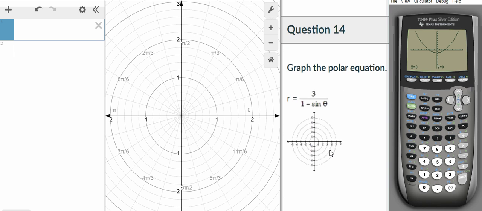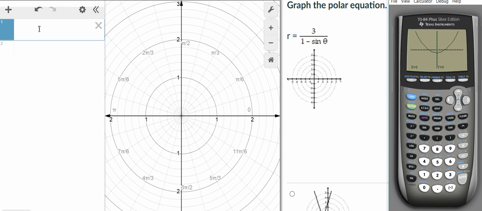Now, we will also use what? Decimal. You do r equals 3 divided by. You want to put the parentheses first, in case you forget.